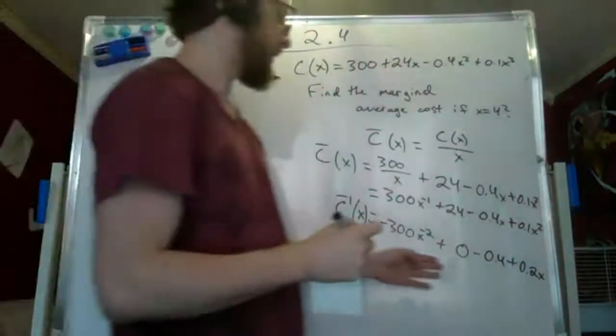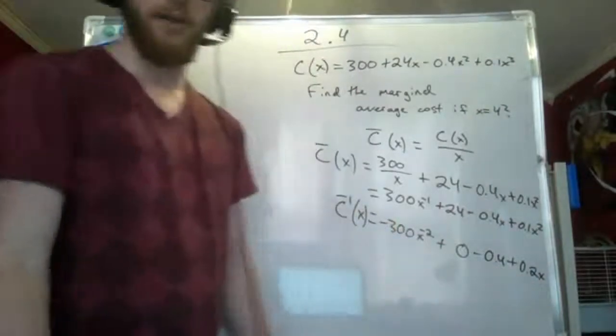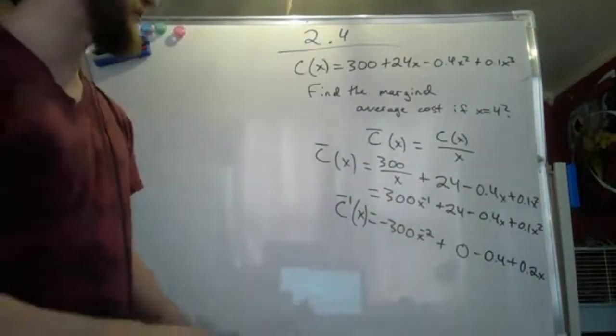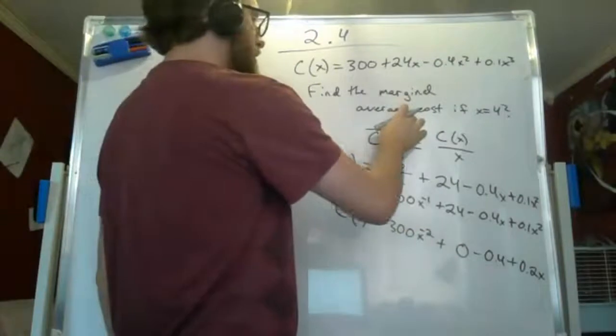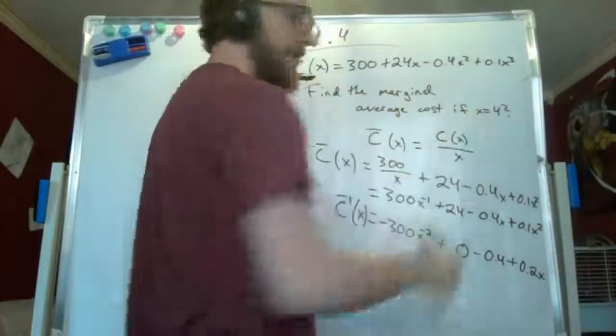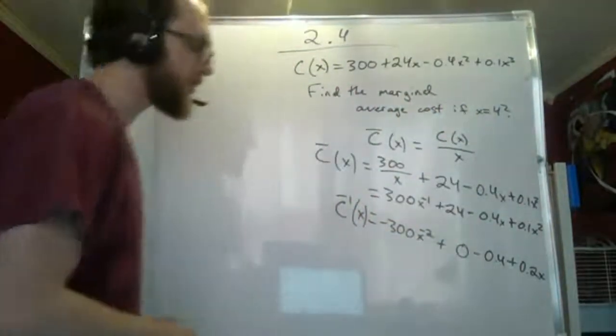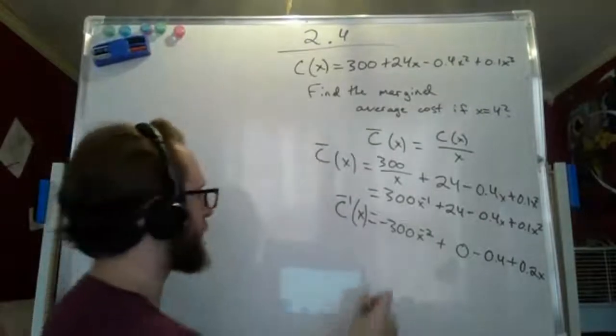Now we have our derivative. And so all that's left is that we want to find the marginal average cost when x equals 4. So we're just going to plug in 4 to get our final answer.